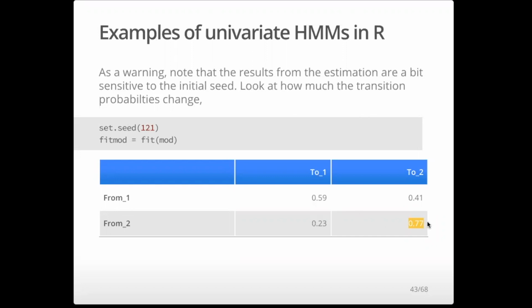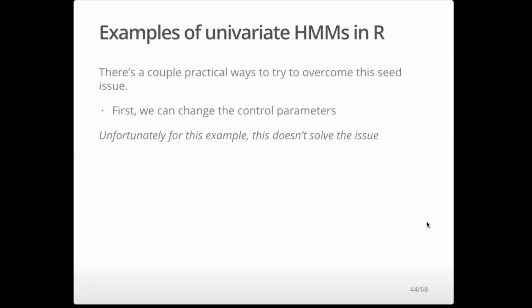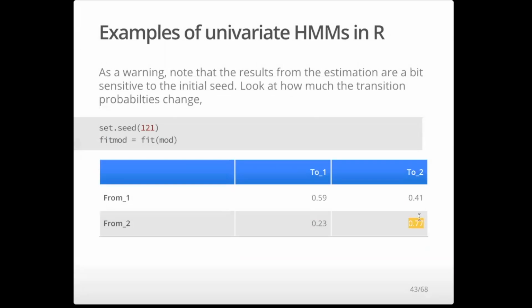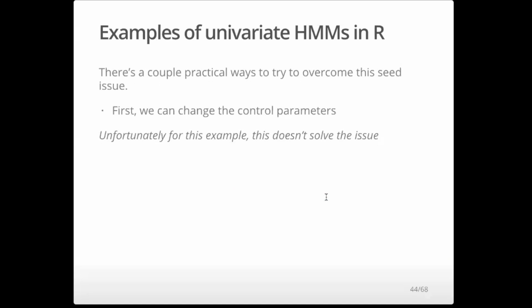Sometimes, even more sinister, our seeds can affect these estimates by just a small amount. Changing the seed will change these estimated probabilities in a way that, maybe instead of 0.59, 0.57 would be the estimate for a certain seed. To really convince ourselves that we got the most likely solution, sometimes we have to run the HMM a large number of times.